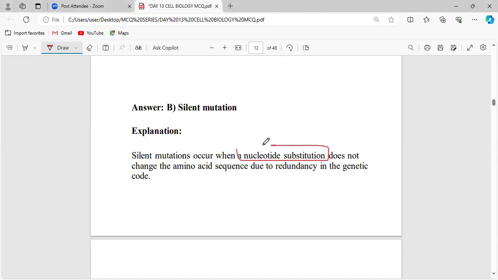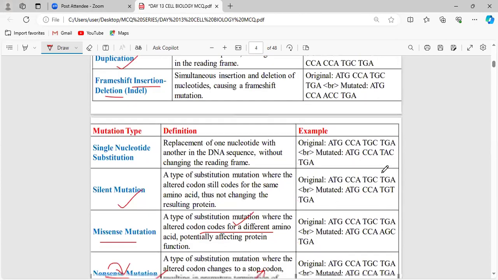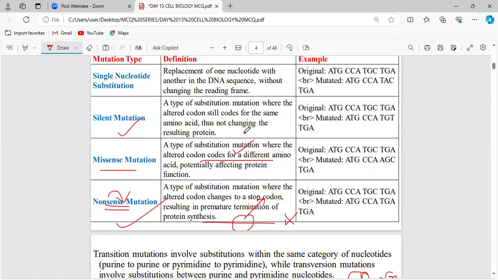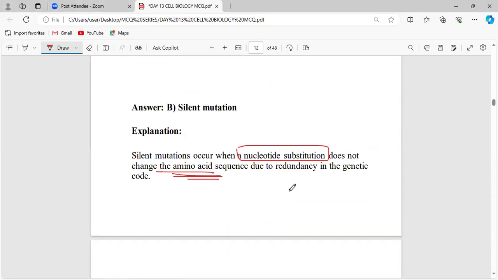See, when a nucleotide substitution does not change the amino acid sequence, there is a difference between a missense mutation and the silent mutation. Here, the amino acid does not change because different codons code for the same amino acid. Okay, here the codon has changed, but the amino acid coded by that particular codon will not change. Okay, in the missense mutation, a different amino acid will be produced. Okay, there is a difference here.